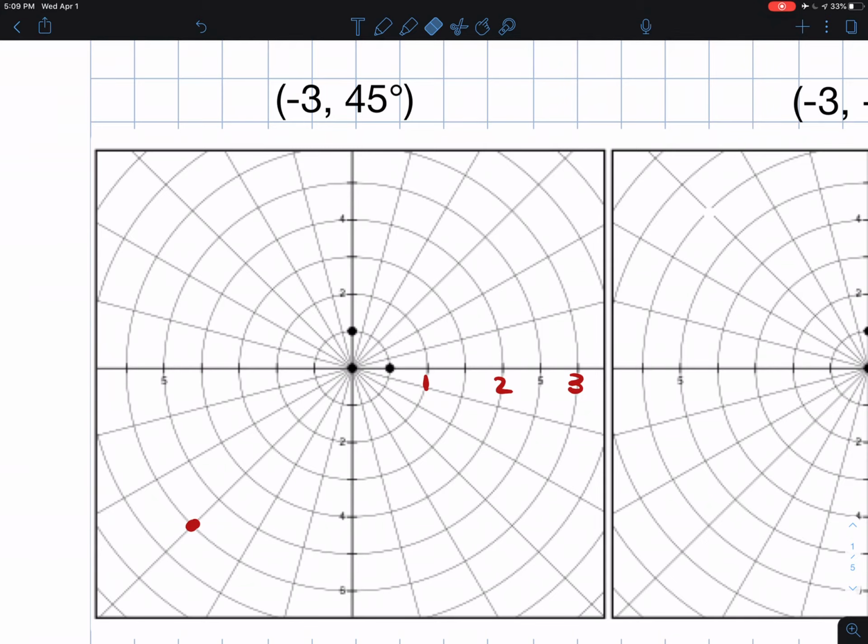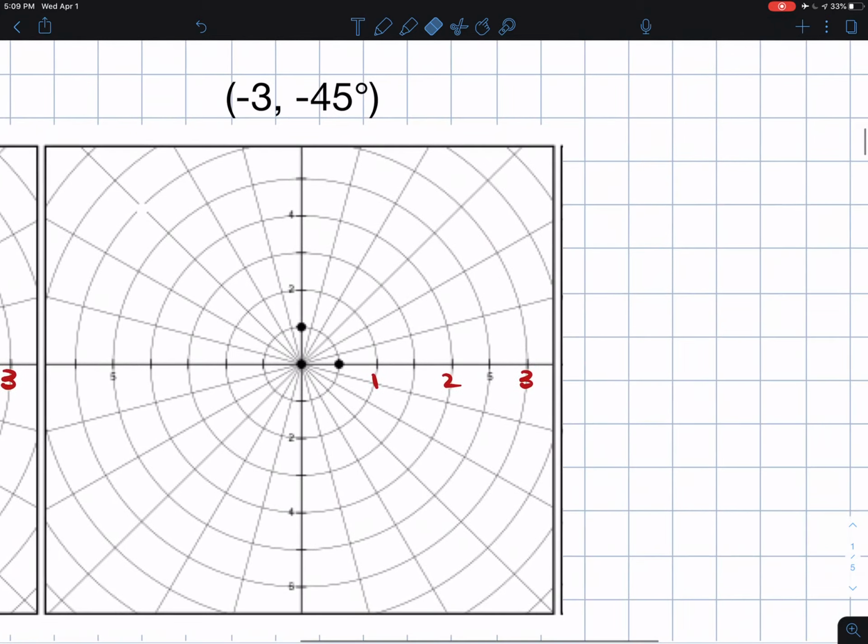All right, let's try another one of those. This one tells me to use spoke negative 45. Okay, we know that spoke negative 45 is this guy right here. But because of my negative radius, I can't use that as the right spoke. I need the backdoor spoke.